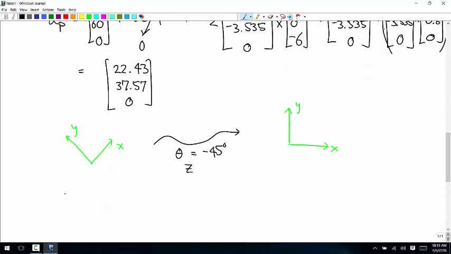And so the rotation matrix is cosine of negative 45, sine of negative 45, 0, negative sine of negative 45, cosine of negative 45, 0, 0, 0, 1.